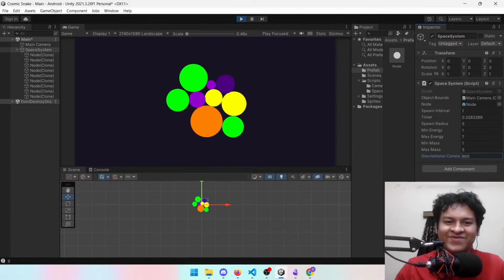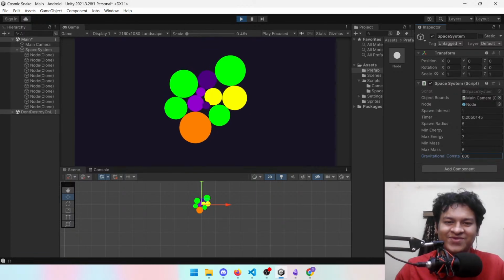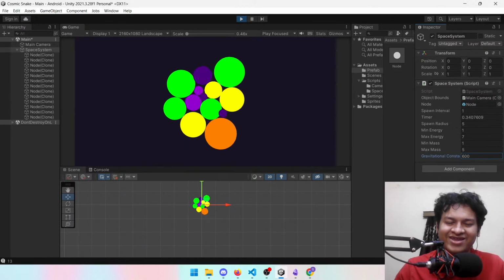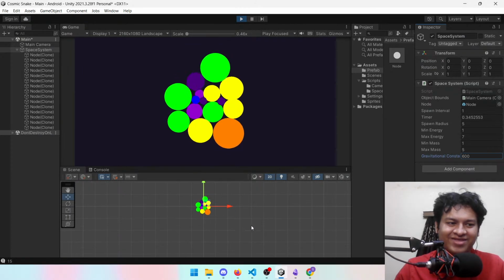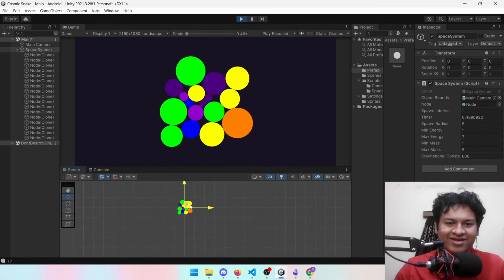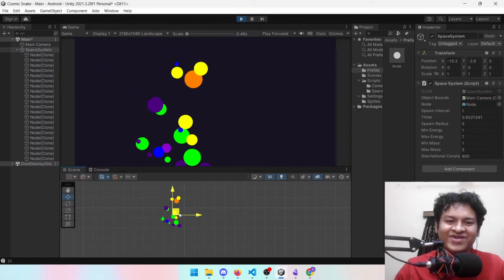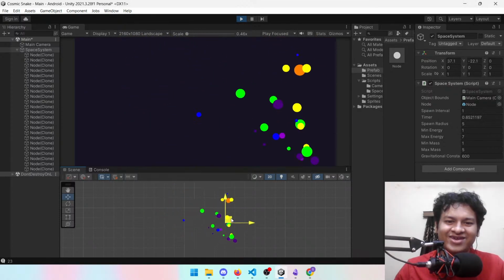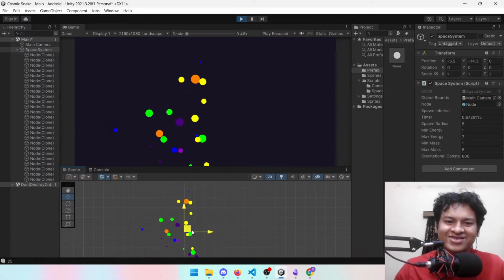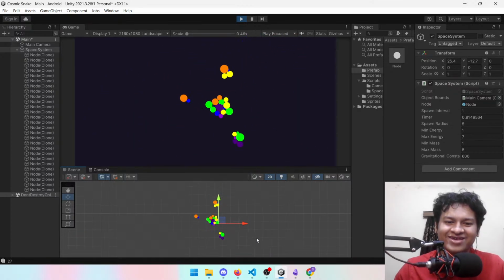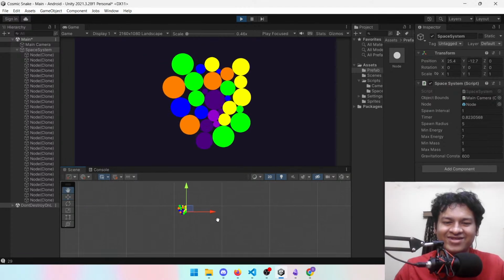Oh, this is becoming weird now. Too much force is being applied. They're getting crushed. See, when I'm moving it, the other things are also moving. Oh, that's kind of cool.